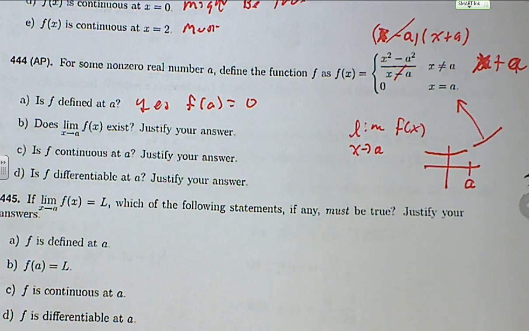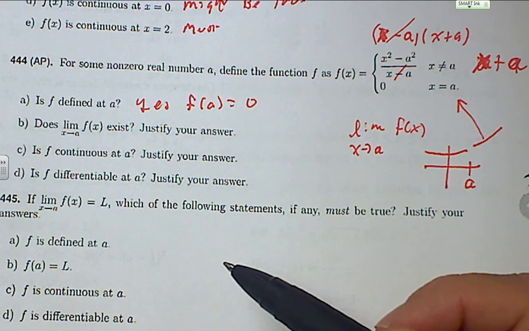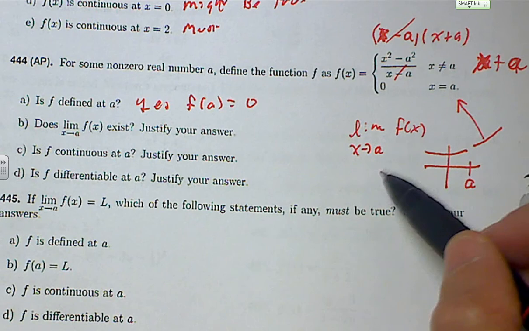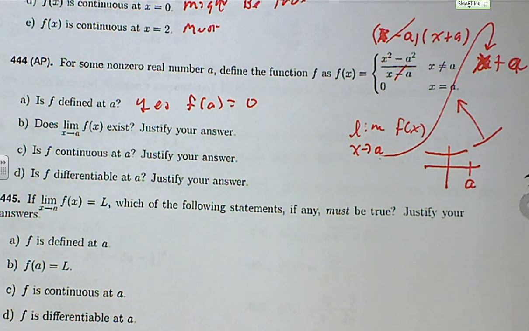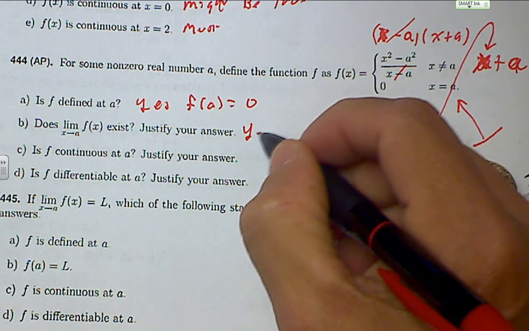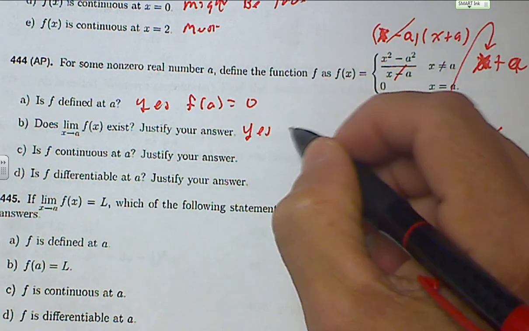It's always the first thing you do. Plug it in, okay? Plug it in. A plus A, which is 2A. The limit exists and is equal to 2A.